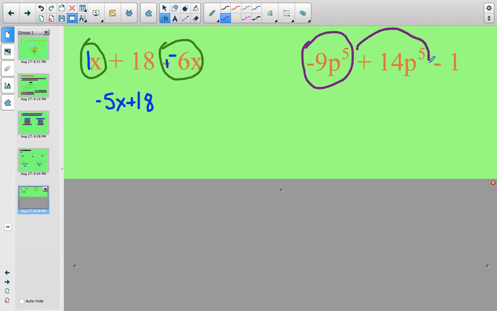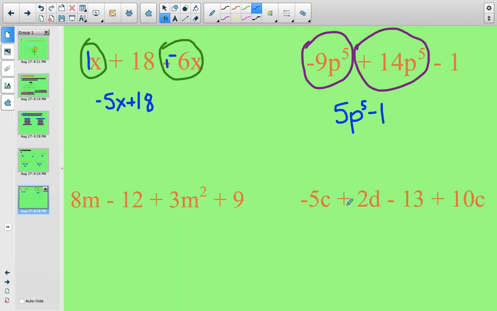That minus 1 on the end does not have anybody to combine with, so it's just going to stay as is. So when I combine these, negative 9 plus 14 gives us positive 5. Our variable again stays the same, so it's going to stay p to the 5th. And then you have that minus 1 that's just going to stay with us.